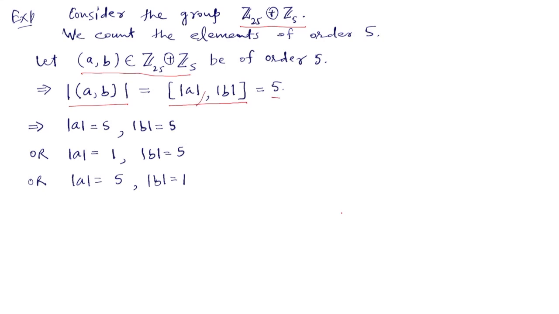Now both of these are positive integers and their LCM is 5. The LCM of two positive integers can be 5 in the following three cases. Order of a and order of b both are 5. Second case is that order of a is 1 and order of b is 5. Third is that order of a is 5 and order of b is 1. So we discuss these three cases one by one.